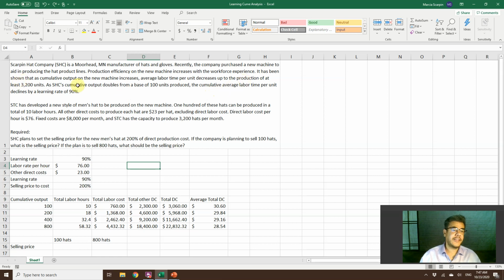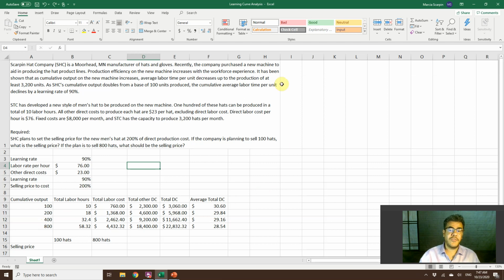It has shown that as the cumulative output of the new machine increases, average labor time per unit decreases. Cumulative outputs double from a base of 100 units. So 100, 200, 400, 800. So we are doubling it.